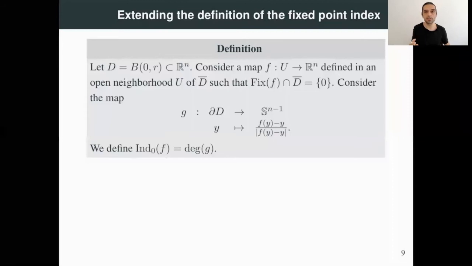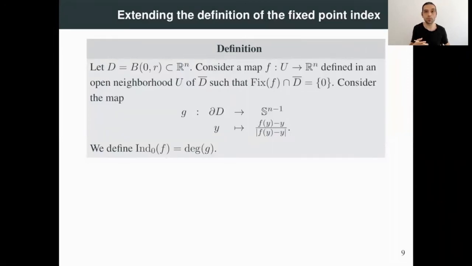So let us consider the same situation as in the previous slide, but we are going to remove one hypothesis. Now the isolated fixed point 0 does not need to be a Lefschetz point. Other than that, the hypotheses are the same. F is a map defined in a neighborhood of a closed ball, and the unique fixed point in the closed ball is the origin.